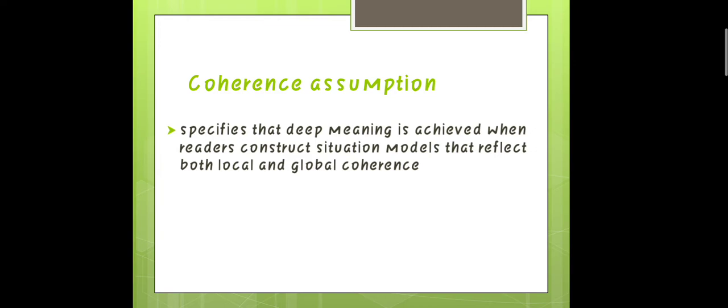Problem-based learning can be more effective when learning activities are related to larger tasks or to the real world. This is important because this allows students to see that activities can be applied to many aspects of life, and as a result, they find the activities they are doing useful and purposeful. So that is for coherence assumption.